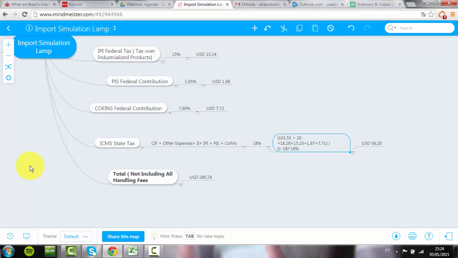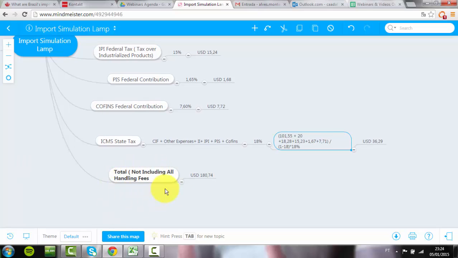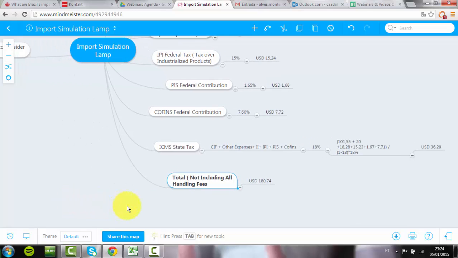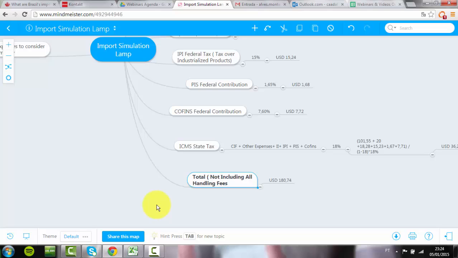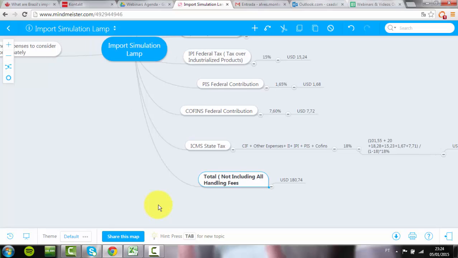The total amount, not including all handling fees, will be $180. This is very important if you want to import in Brazil and see if you're going to have that competitive edge, if your product is going to be competitive, or how you're going to kickstart your operations in Brazil.